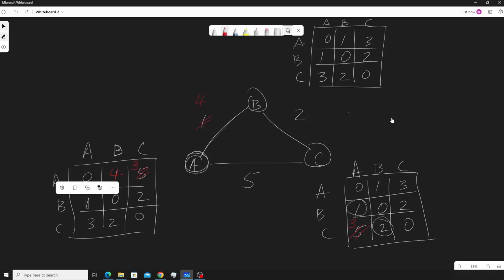When B shares its new distance vector, 4, 0, 2, with C, okay, C may not want to update its table because it has a 1 inside of here, okay? But it knows that it has to, okay? And the reason for this is that it knows that this value of 1 is no longer available, okay?